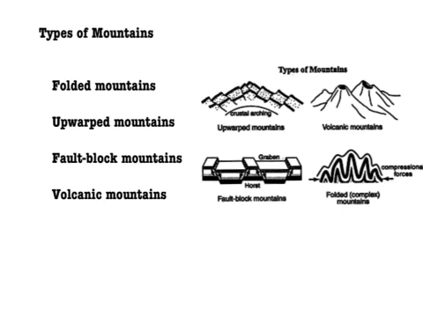And the last type of mountain is volcanic mountains. These volcanic mountains are formed, of course, when molten material from inside the Earth comes to the surface and is cooled in layers over the years, forming these kinds of mountains.